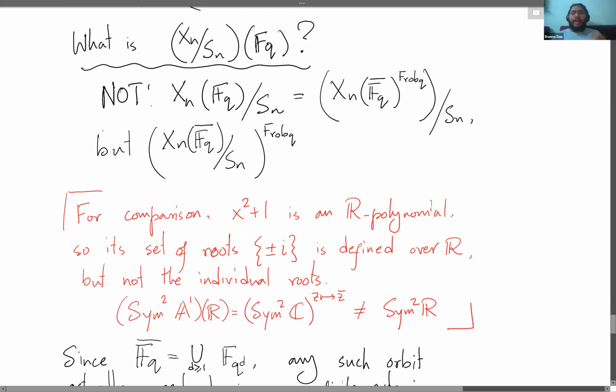But the pair of roots as a pair is defined over R, because I can define them as the roots of x squared plus 1, and the polynomial x squared plus 1 is defined over R. So pairs of points defined over R are pairs of complex numbers that are invariant under conjugation. It could be two individual real points that are individually invariant, or it could be a pair of points that are switched, and that's also a defined pair. So it's the same picture, but over finite fields, where instead of complex conjugation, you have this Frobenius q.